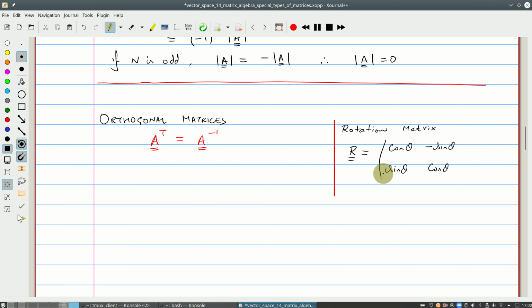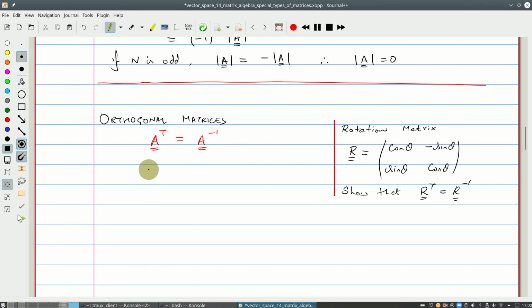It's either minus here or minus there. I can't remember which one it is, but it shouldn't matter. So show that R transpose is equal to R inverse. Yeah, that's a question for you.